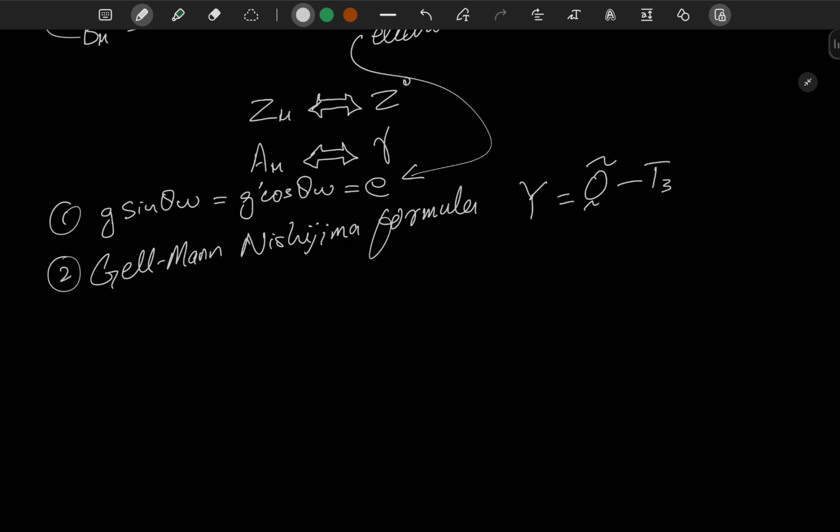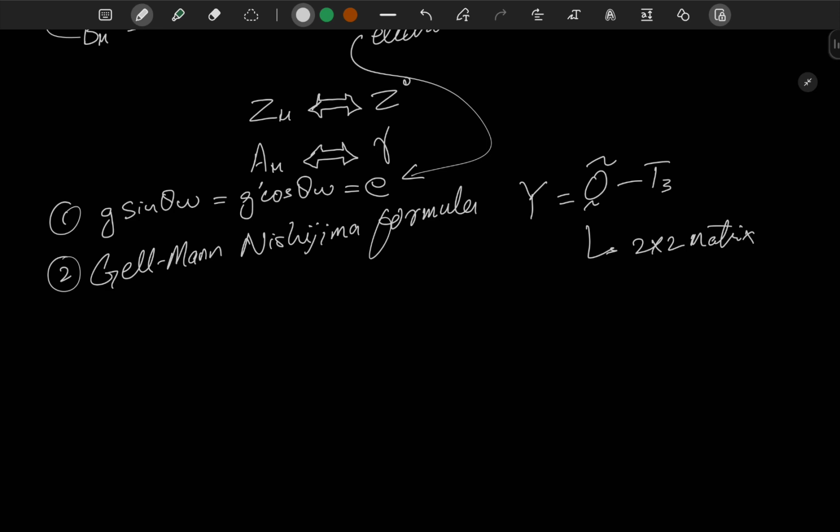Here T3 is the third component of weak isospin, Y is the hypercharge, and I have written a tilde over Q because Q here is a 2 by 2 matrix, and we will see later why.